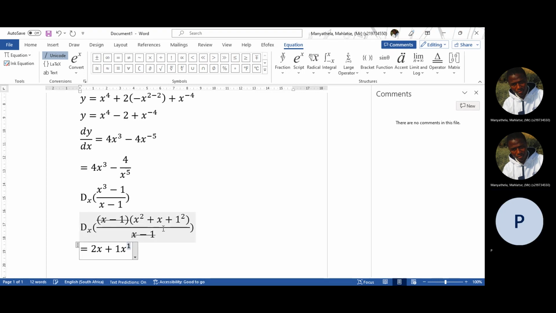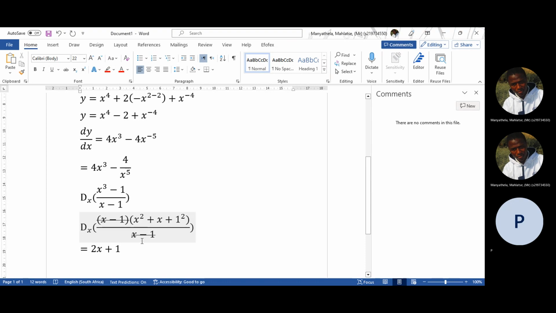Any number raised to the exponent 0 is 1. So x to the power 0 is 1, and 1 times 1 is 1. So that's why we say the derivative of x is equal to 1. The derivative of a constant is 0. So your final answer is 2x plus 1. You are done.